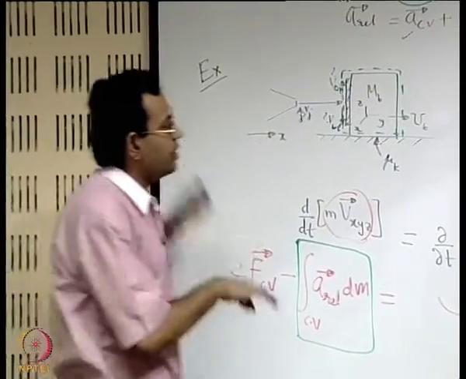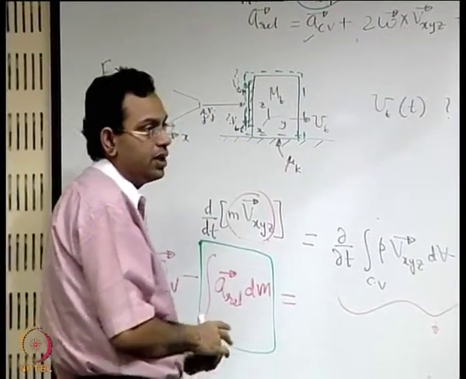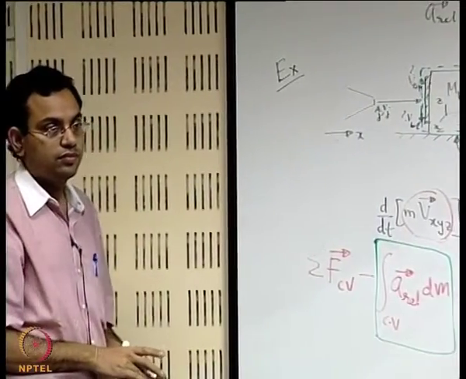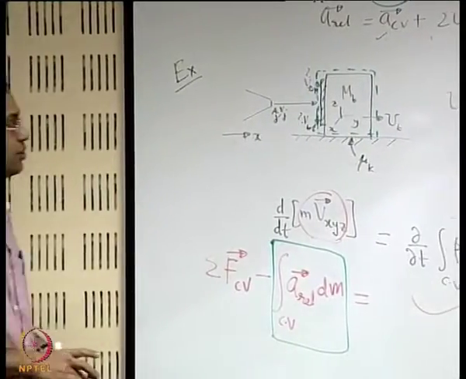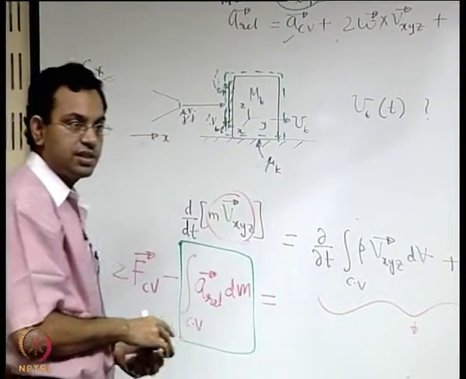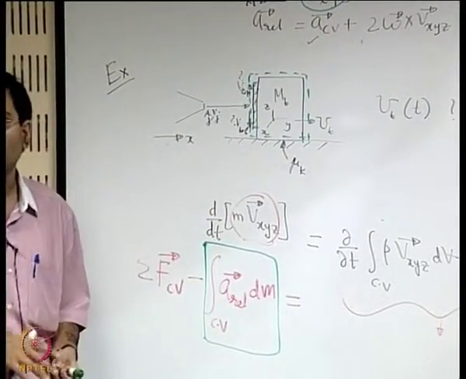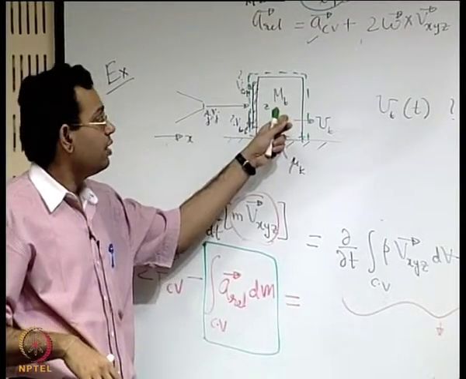If you draw the free body diagram of the control volume, or of the block plus water, whatever is contained there, you have one frictional force. In the vertical direction there is equilibrium of forces, because the block does not get out of the surface. So you have N equal to mb into g.